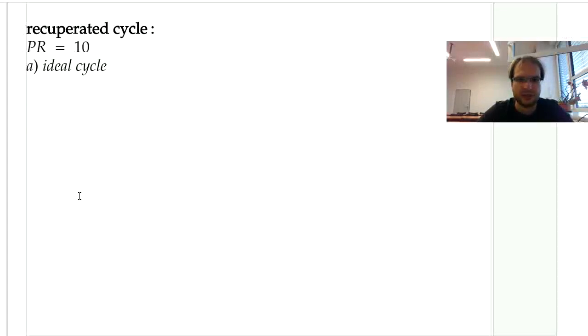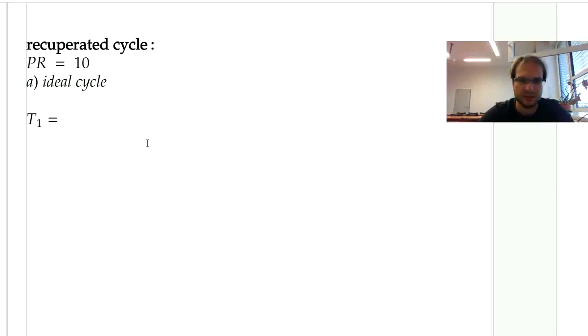As we have shown in the TS diagram and process flow diagram, in the recuperated cycle, the point number 1 stays the same, so the temperature 1 will remain the 15 degrees C, meaning 288.50 kelvins.